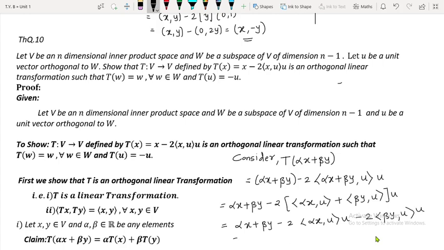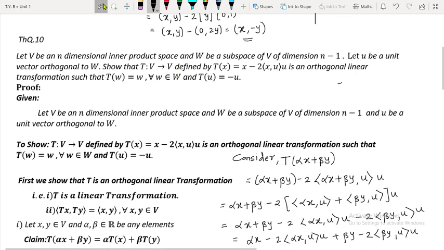Now bring terms of alpha together, beta together, and take alpha out. So this is alpha x minus twice inner product of alpha x with u, outside it is u, plus beta y minus twice inner product of beta y with u, outside it is u.